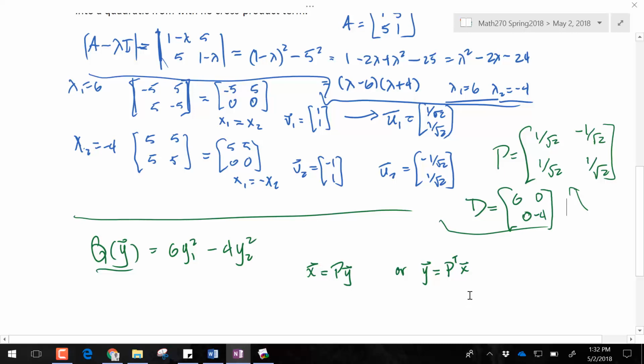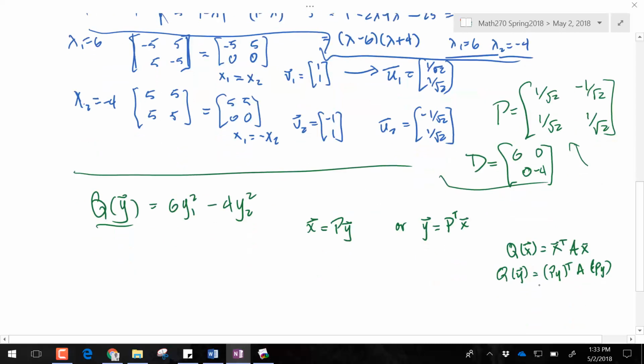So the formula starts off by saying your quadratic form is x transpose A x, where these are the x vectors, and then you change that to Py transpose times A times Py, and this simplifies to y transpose D y, and your D is the diagonal, which is essentially the eigenvalues.